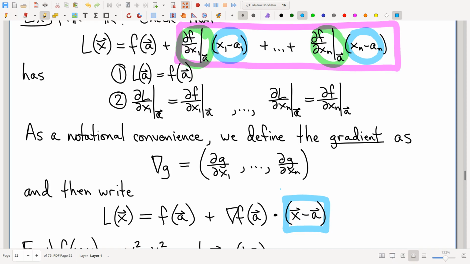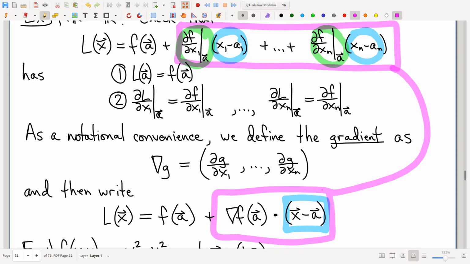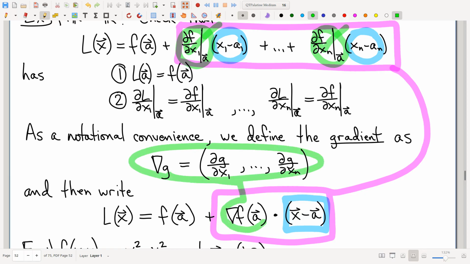Well, this strongly suggests that I could choose to rewrite all of that, what I have in purple, literally as a dot product. All this stuff in green, I don't really recognize, but I can just say, hey, all that stuff in green, let's call that this thing. It's called the gradient vector. It's a weird choice to say I'm going to be interested in this vector whose coordinates are the various partial derivatives of my function.